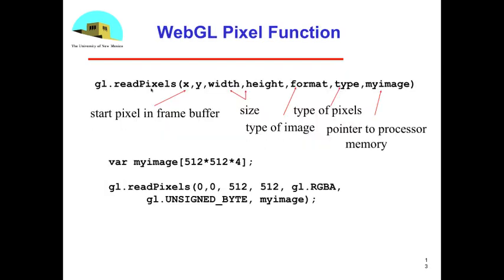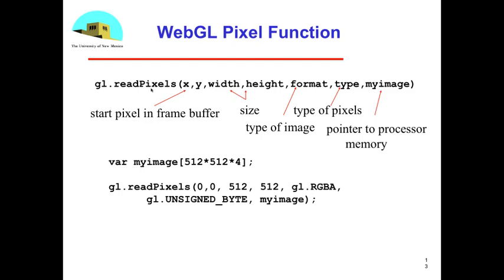But here's the function. It's pretty straightforward. GL read pixels. You say where you want to start in the frame buffer, and how big an image you want to take. Then you have to say what the format is, and typically it'll be RGB or RGBA. Actually, I think in WebGL it has to be RGBA, and then you give it what format they're in.